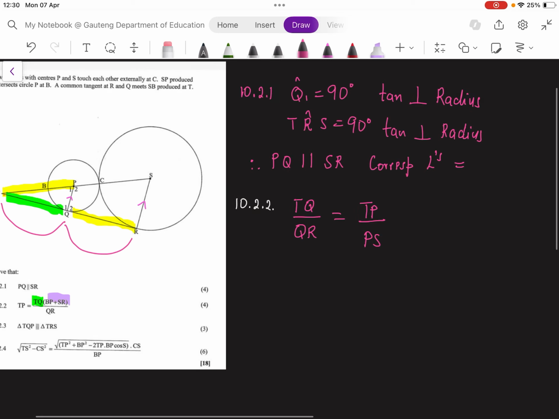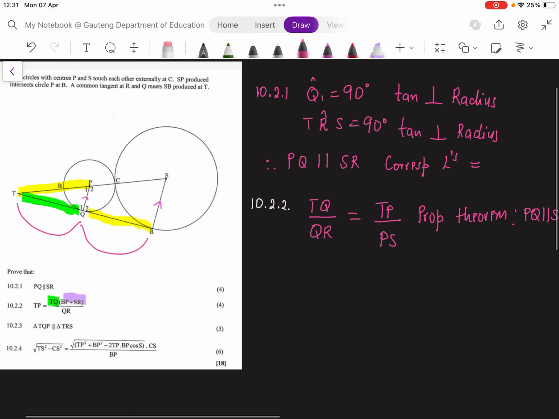Why? This is the proportionality theorem. If you are going to use this reason, the proportionality theorem, we need to mention lines that are parallel. So because PQ is parallel to SR, we can use the proportionality theorem here.